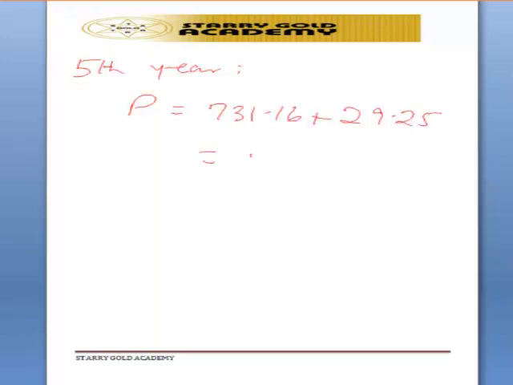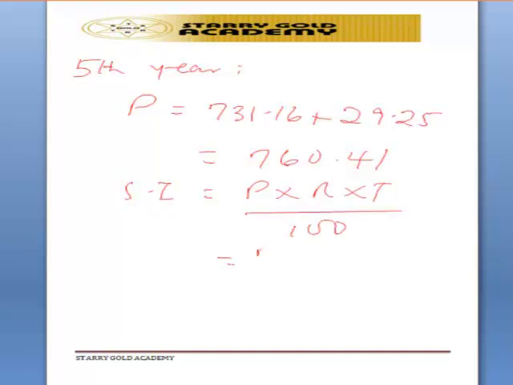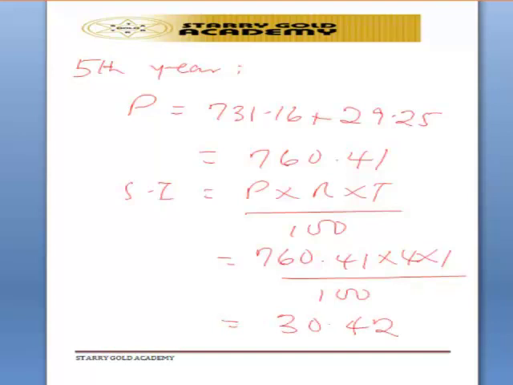So that will give us what? 760.41. So at that fifth year, simple interest is P times R times T over 100. And that's 760.41 times 4 times 1 over 100. This will automatically give me 30.42.